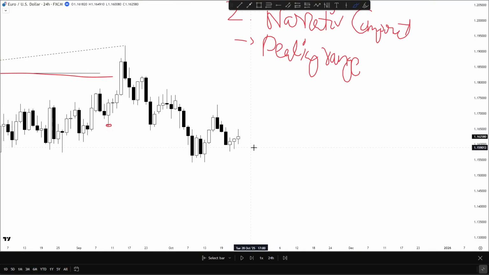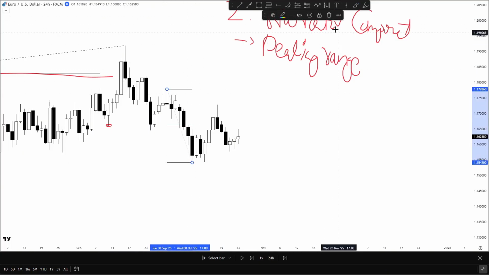The next thing that I had to determine for last week was the origin and the destination for price, meaning I had to figure out the narrative part and establish a directional bias for the week and then each day separately based on that logic. Now the destination is super clear, which is obviously the low of this dealing range or this external range liquidity.